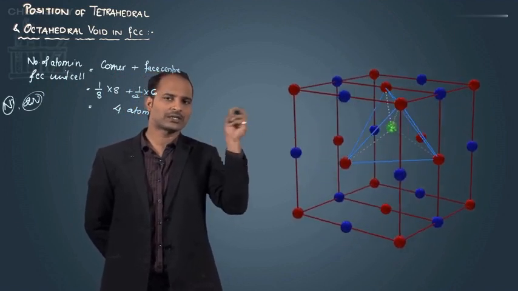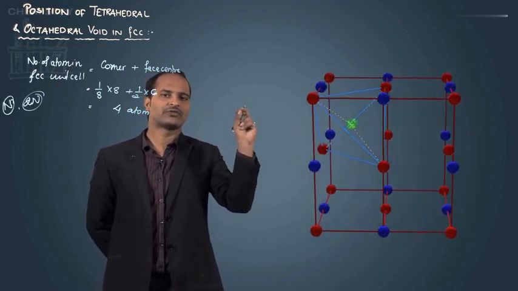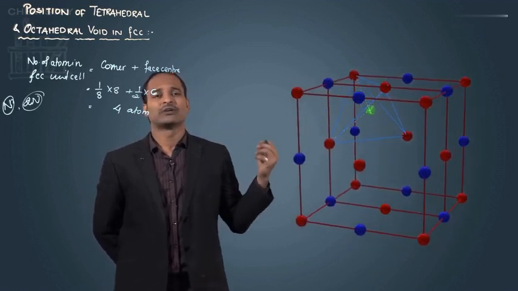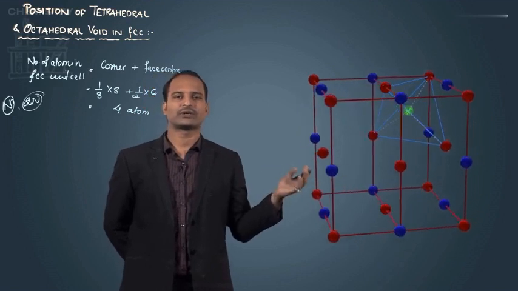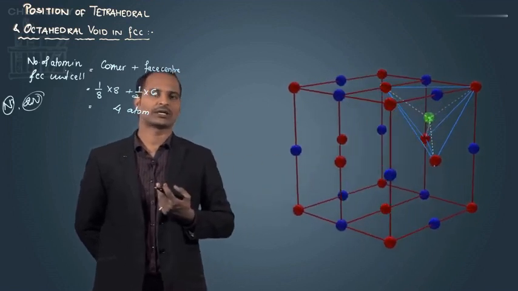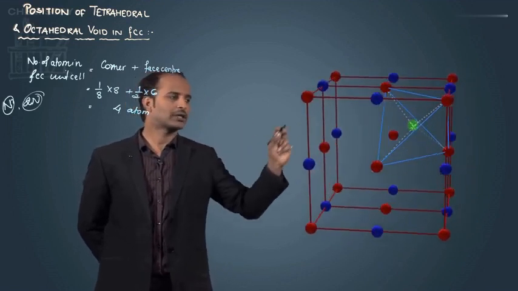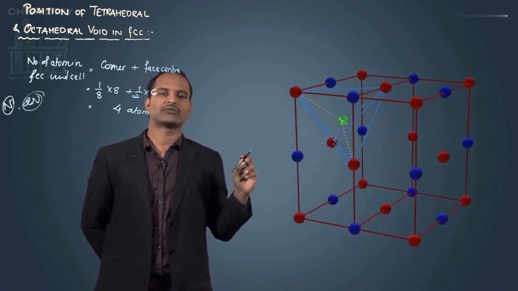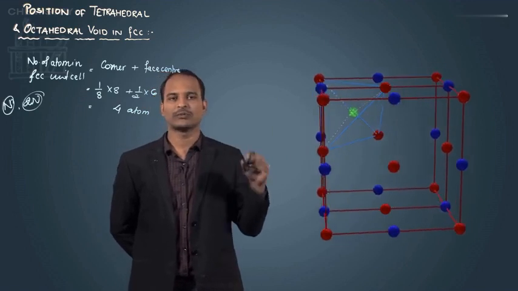The question arises whether they are the property of the same unit cell or shared by another unit cell also. If I keep small spheres in these tetrahedral voids, they are going to be present in the same unit cell.